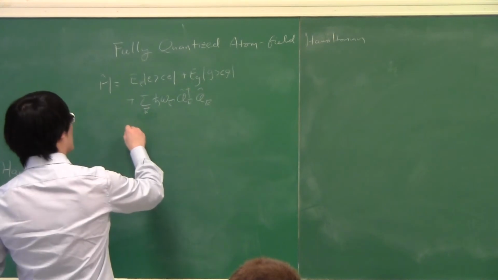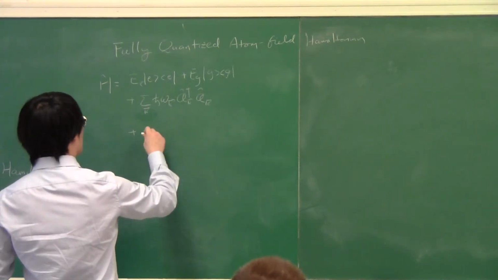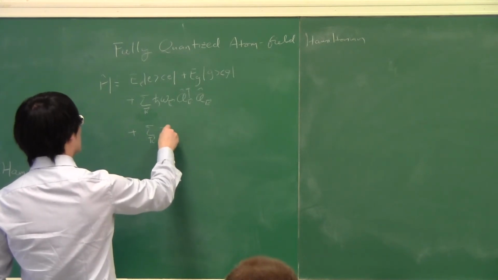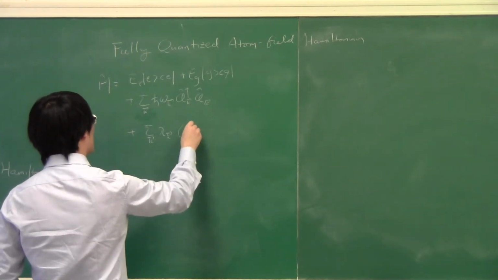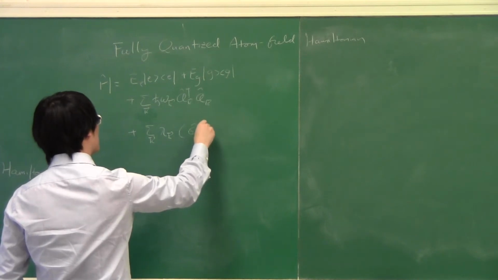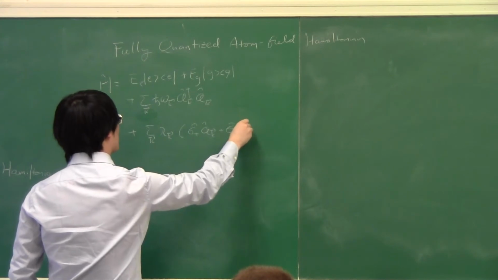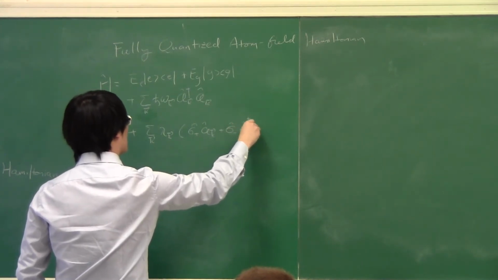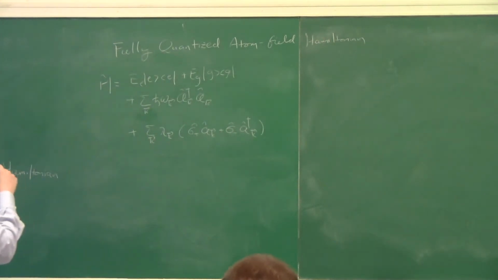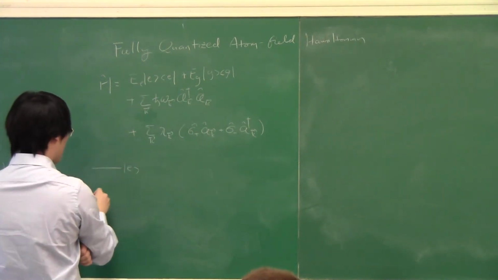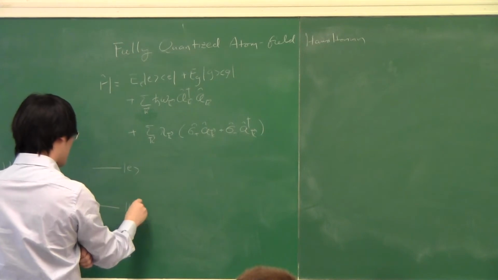Right? And then there's the interaction part, which is a summation over K, lambda K, sigma plus K. So this is the fully quantized Hamiltonian. I can simplify this further by saying, well, for the atoms, we've drawn the diagram like this.